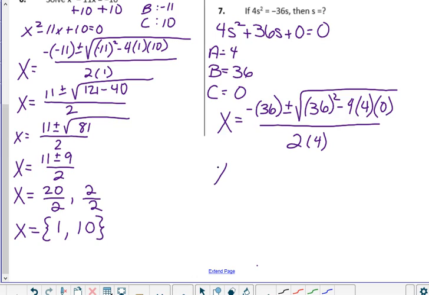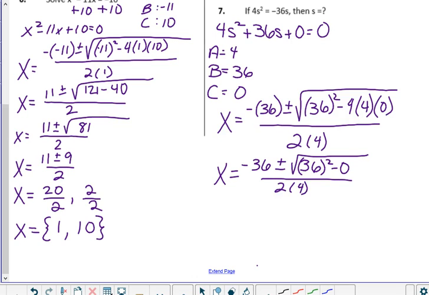So this ends up simplifying to x equals negative 36 plus or minus the square root of 36 squared minus 0 over 2a. So we're going to have our next part, negative 36 plus or minus the square root of 36 squared, and that's over 8.